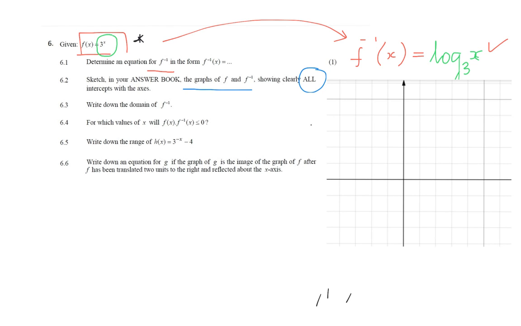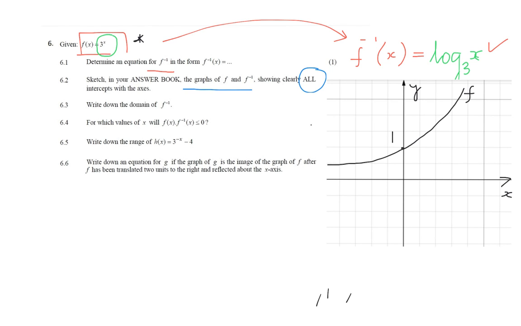It is an increasing exponential function with the y-intercept equal to 1. It's very important to label the axes, because when we're dealing with a function and its inverse, we then know exactly which of the two is my function and which one is its inverse.